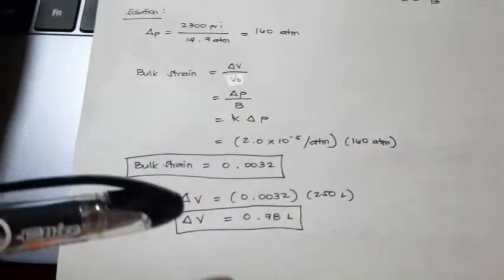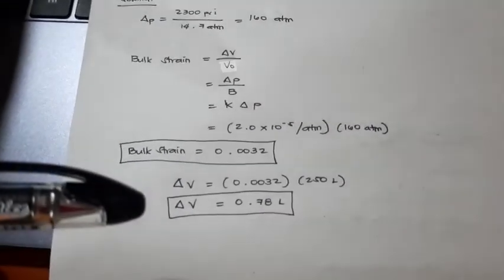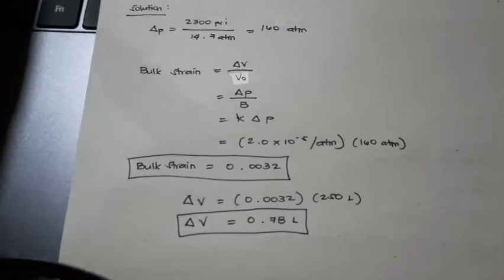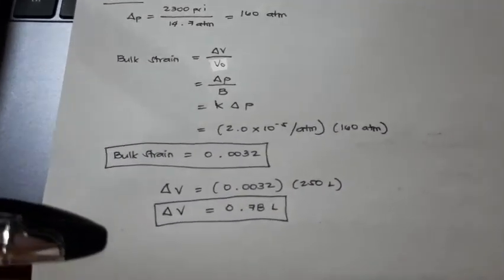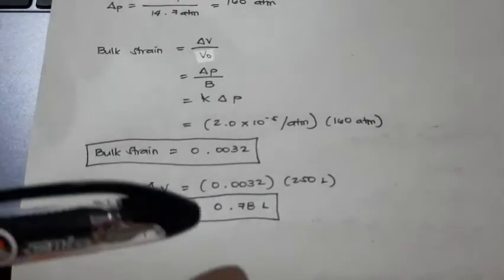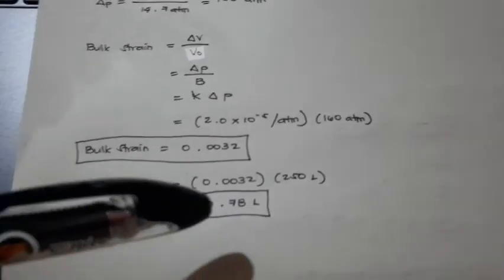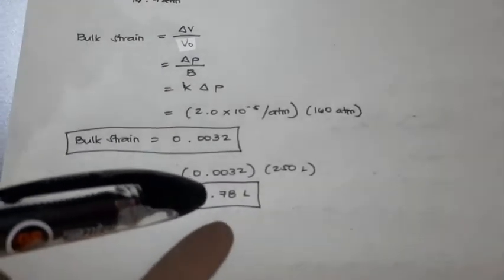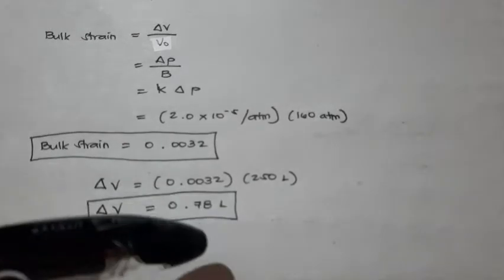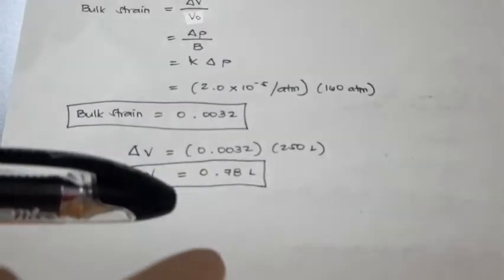And then, to know the absolute decrease in the volume of oil when the press is operating, we just have to multiply it with the original volume. So we multiply the bulk strain, which is 0.0032, with the original volume, which is 250 liter.